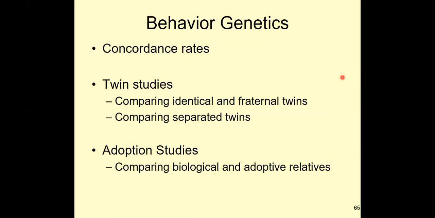Okay, so just let me finish off with just a little bit about behavior genetics. So this is the business of looking at behavior and psychological traits and how they might relate to a person's specific genetic inheritance. And so to study this, what they do is they look at people who are related to various degrees and look at concordance rates for various psychological traits.